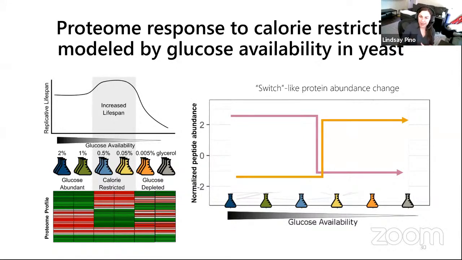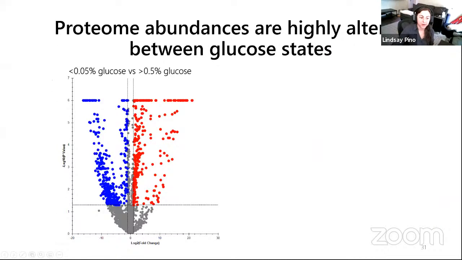When I reanalyzed my data that way, where I group the high glucose and then the low glucose and compare those proteomes against each other, I see a huge change in the proteome abundances. This was more what I expected to see when I was deleting genes out of yeast. So comparing the low glucose to the high glucose, there's a lot of protein changes here.